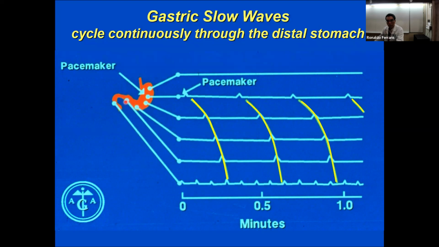This is now in the pyloric area, and this is in your duodenum, where the slow waves occur at 11 to 13 per minute, because these are membrane potentials. Membrane potentials have a slow wave frequency of 11 to 13. So these are your pacemakers, and these slow waves are propagated distally. And that's your duodenum.